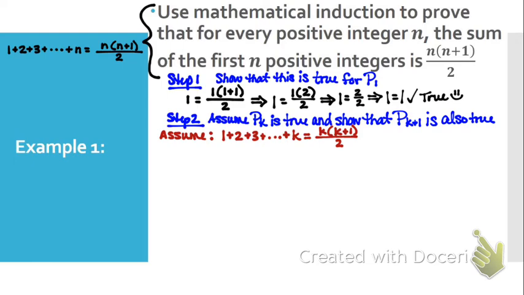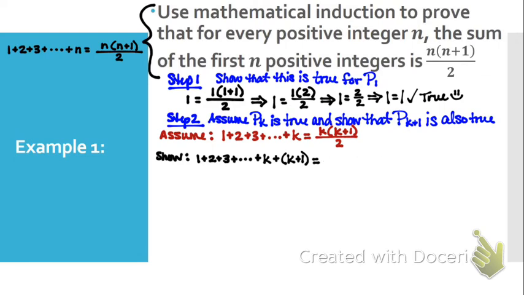So we need to show that 1 plus 2 plus 3 plus all the way up to k, and then one term after k, that would be k plus 1, is equal to what I have up here in red.